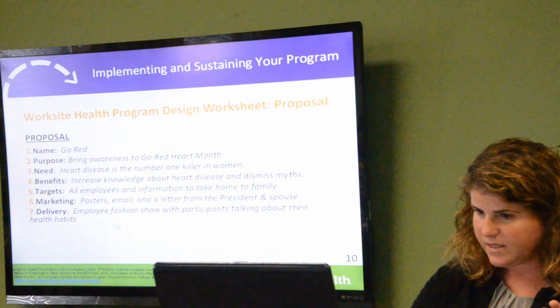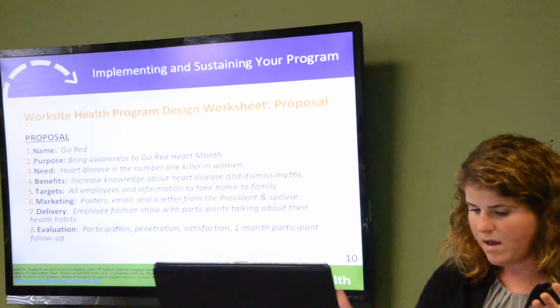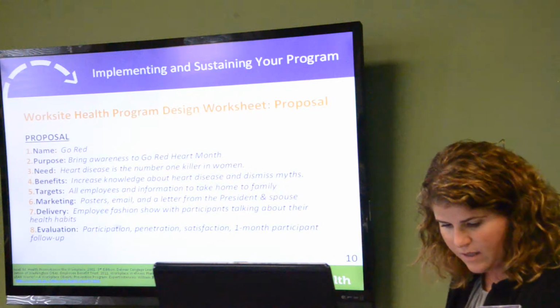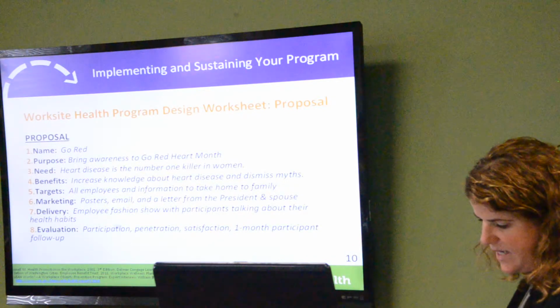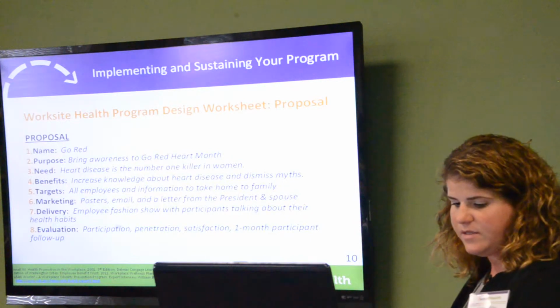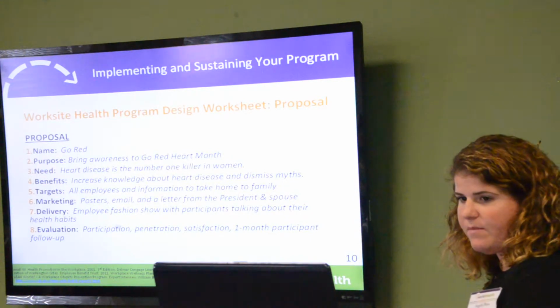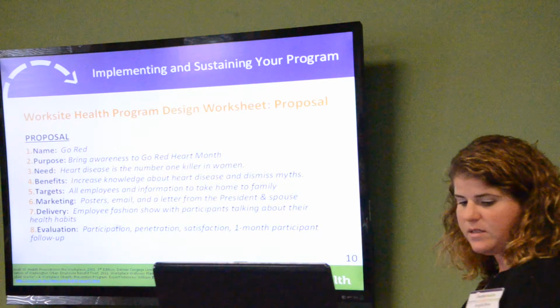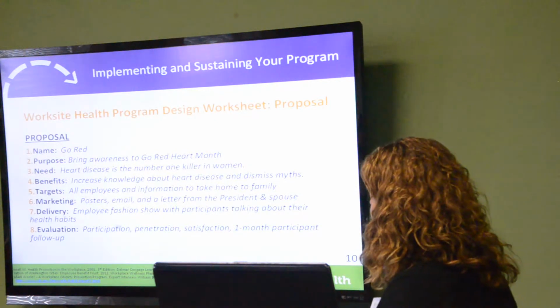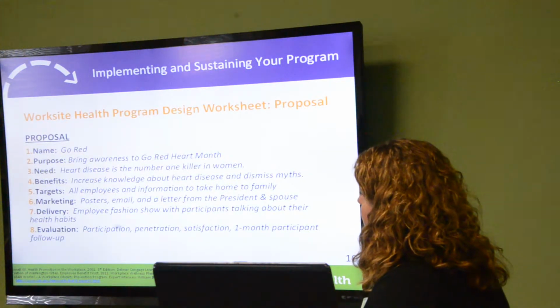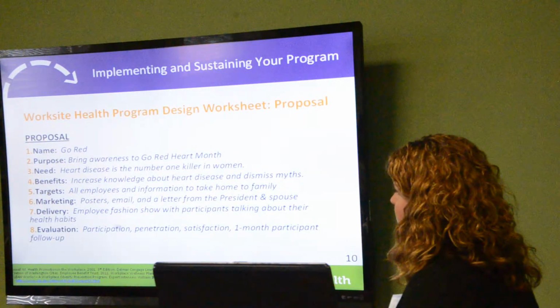So this is an example of a proposal worksheet. There are 4 timelines that need to be either planned or discussed with the vendor: program preparation time, marketing, delivery time, and evaluation time. These are all very important in regards to your overall worksite health program design.